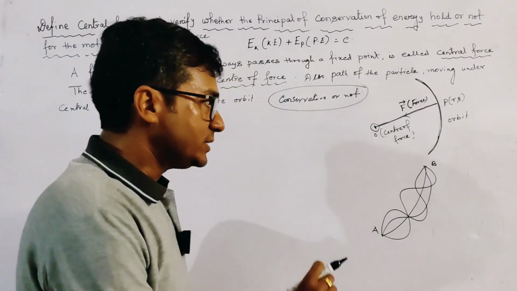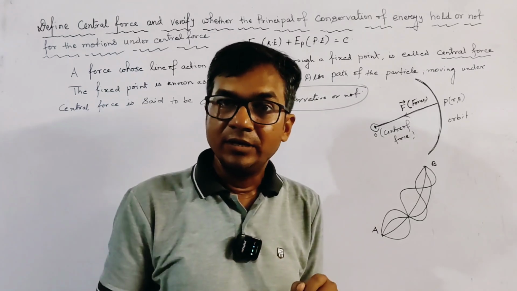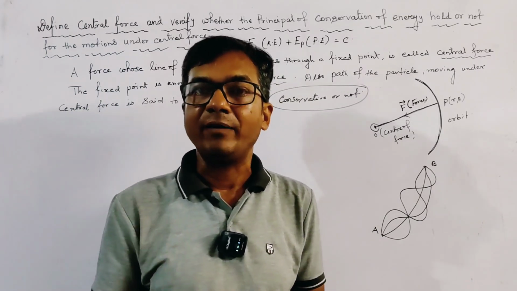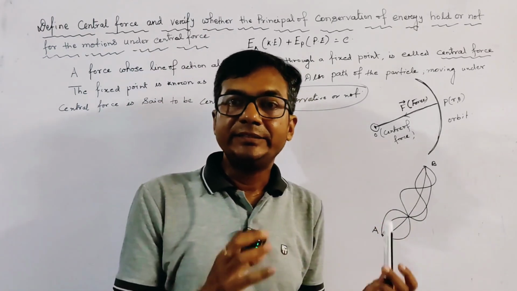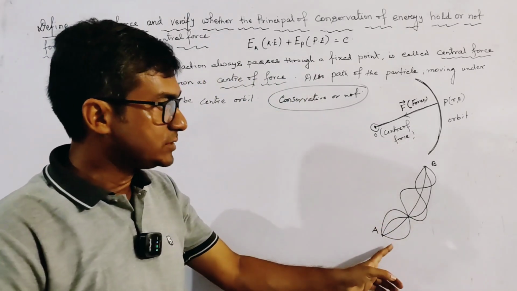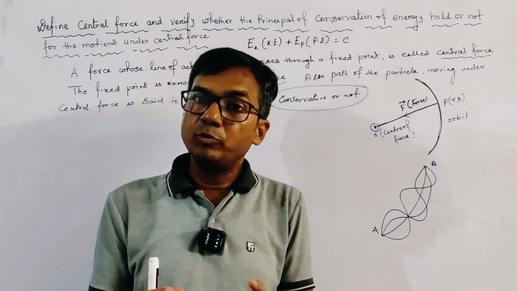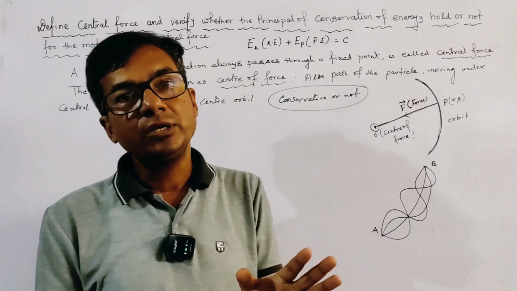That is, if we are able to find the scalar potential of the field, then this result is obvious. If we find a scalar potential of the force field, then we say that the force field is conservative.